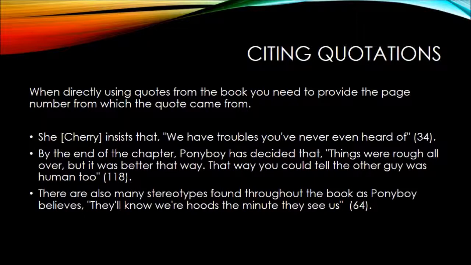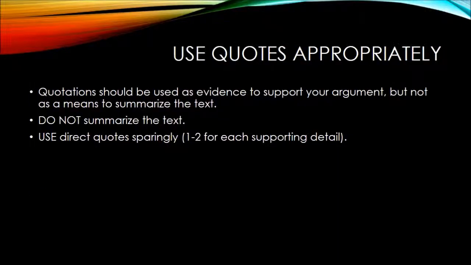And the last example. There are also many stereotypes found throughout the book, as Ponyboy believes they'll know we're hoods the minute they see us. This can be found on page 64. It is important that you use quotes appropriately. Quotations should be used as evidence to support your argument, but not as a means to summarize the text.